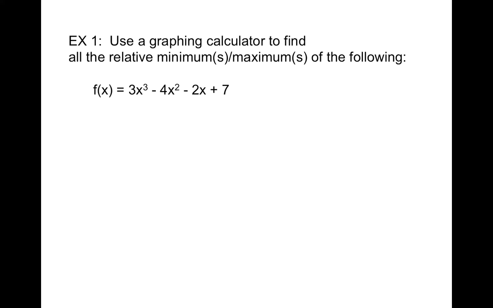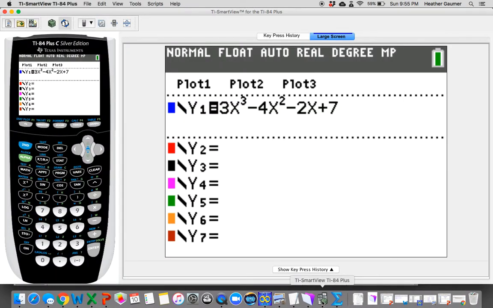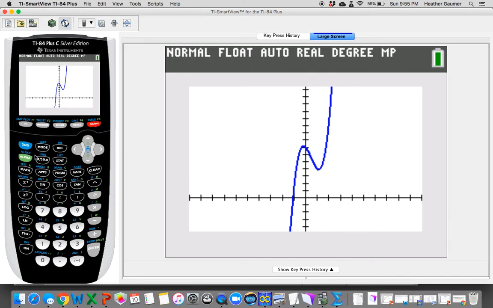Our first activity is to use the graphing calculator to find all relative mins and maxes of the following. When we enter this into the graphing calculator, this should be the graph that we attain. Notice I've already gone into my calculator, entered the equation, and I'm now going to graph in the standard window setting.